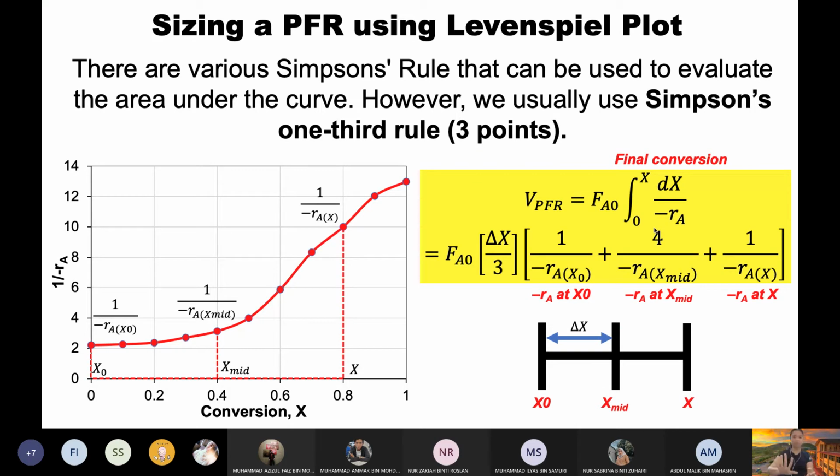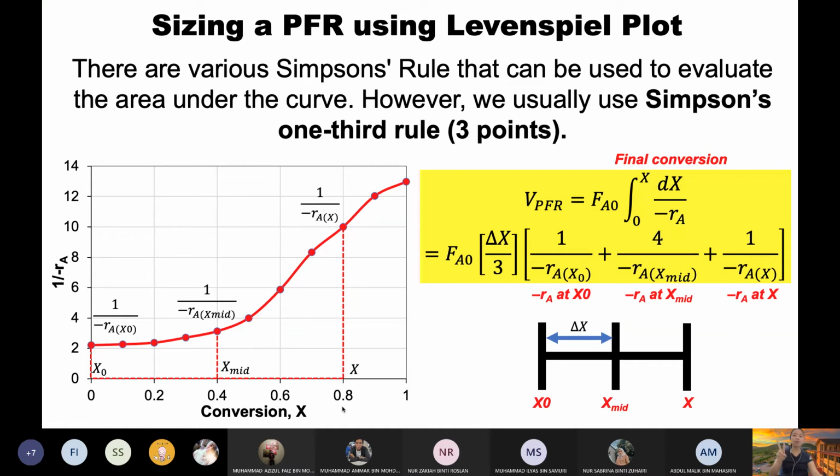Kan saya kata ada 3 point, right? The last point, okay, first point 0. The last point must be your final conversion. So let's say reaktor kamu nak capai conversion 80%, your final X2 0.8. Okay. So I tell you the first point, I tell you the last point, right? Tapi kena 3 point kan?